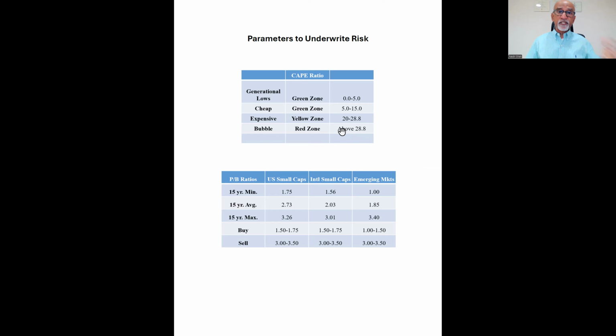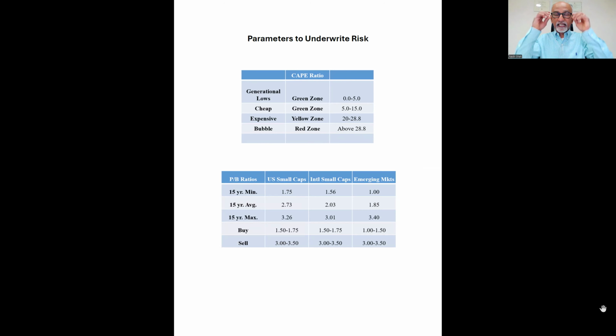On the same note, I'm talking about the CAPE ratio of large cap stocks. But on the contrary, small caps are telling a totally different story. This is a price over book ratio.